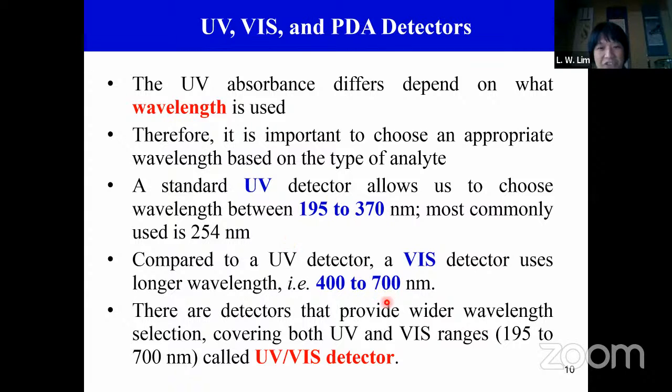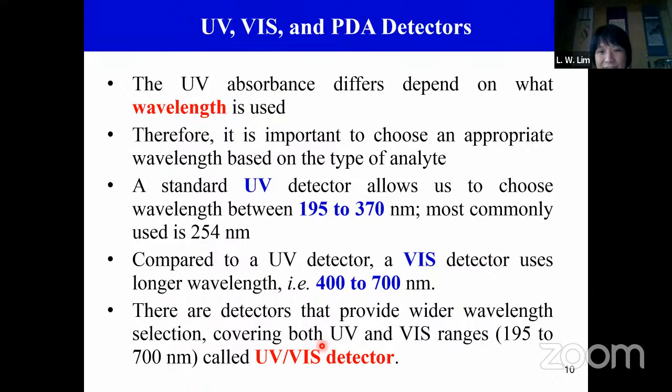So usually they sell it as a UV-vis detector with wavelengths between 195 and 700. This is a very common type right now. Very rarely do you have just a UV detector. Usually when we say UV detector, it means UV-visible detector, because it's very easy to add another lamp for the visible light.